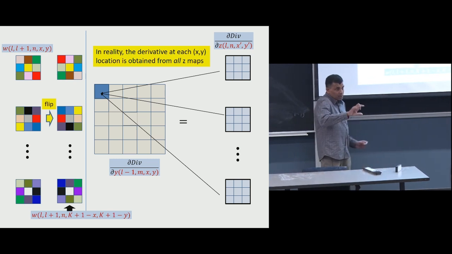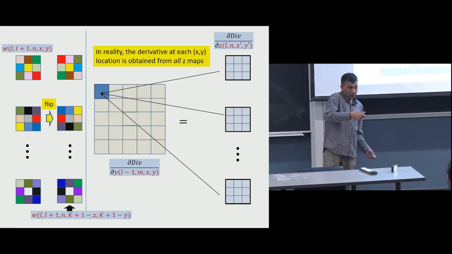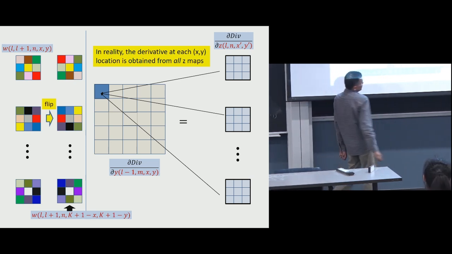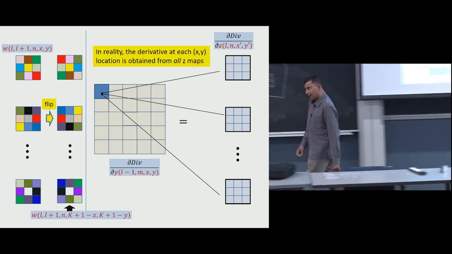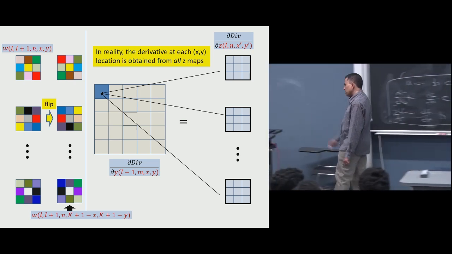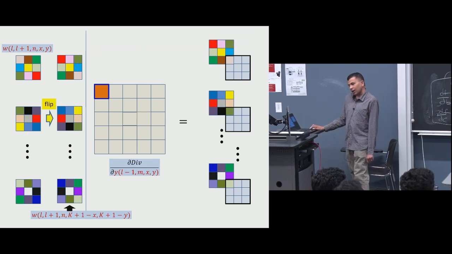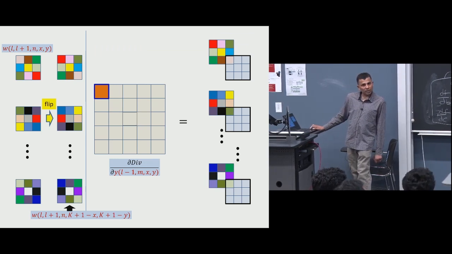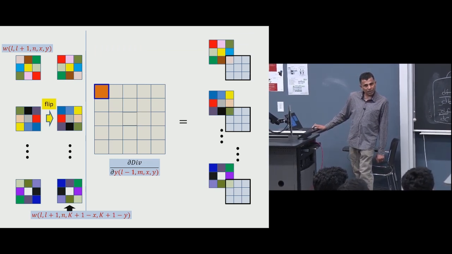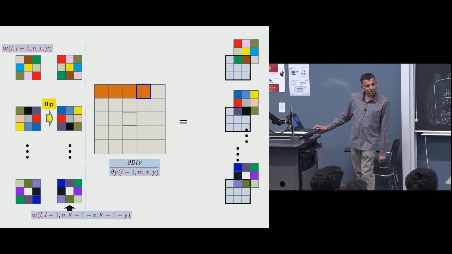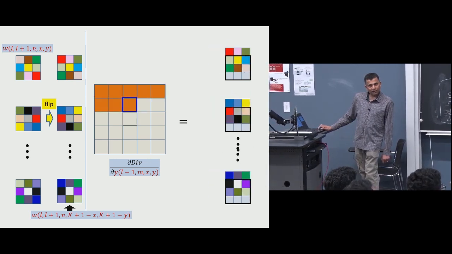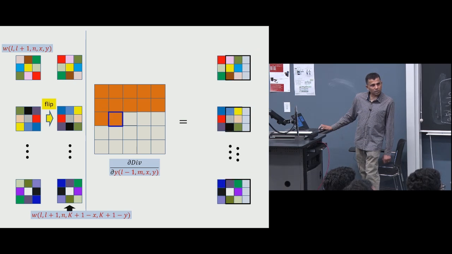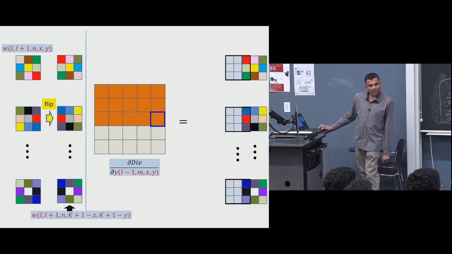You'd be flipping each plane locally, left, right, top, bottom, okay? And so this is going to be your flipped filter. This is just the equation for the flipped filter. And then this is how you'd compute your inner product. You're going to be placing the flipped filters on the collection of z maps and summing the inner products to get the derivatives at the various locations. Is this making sense?